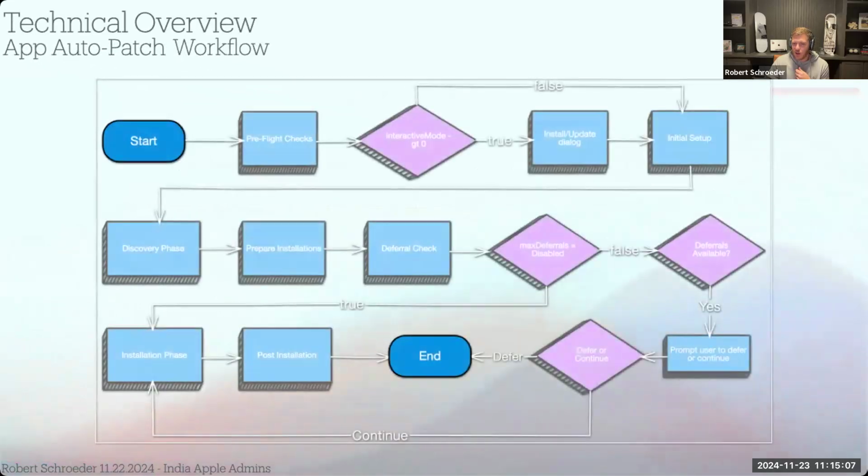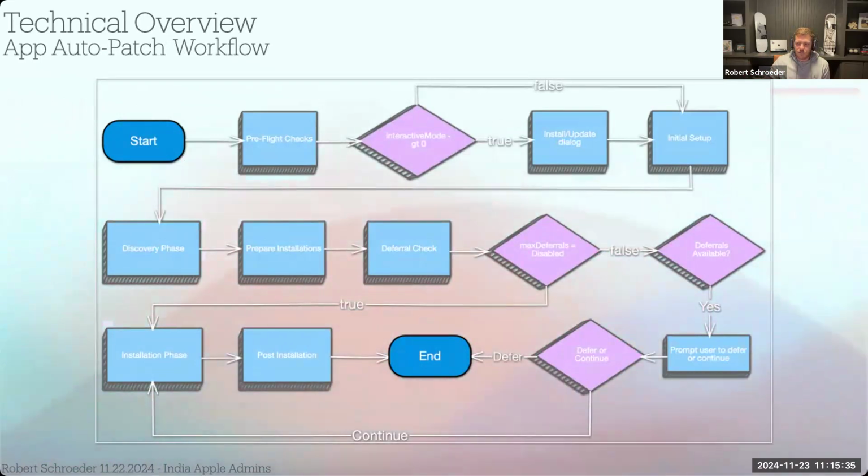So moving on, what does this look like from a technical overview view? So right here, you can see at the start of the process, app autopatch will go through its pre-flight checks. You can set different interactive modes. So how interactive do you want to be with the end user? Depending on that setting, it'll make sure that swiftDialog is installed and updated.